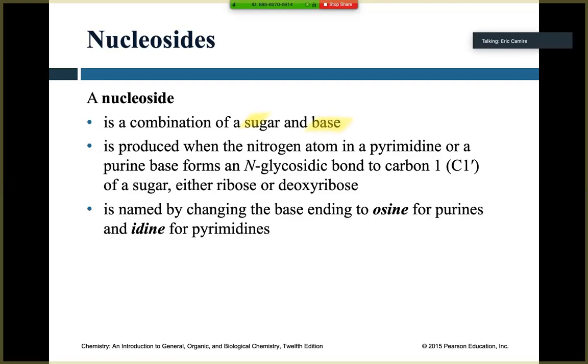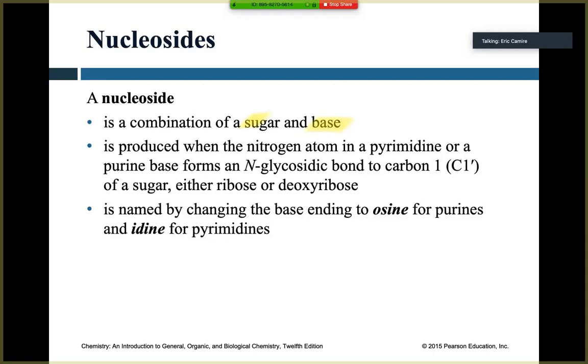The way the names change, though, is that if you attach a sugar to a base, pyrimidines become cytidine, or thymidine, and then you're also going to have adenosine and guanosine. So those would be your purines and your pyrimidines.